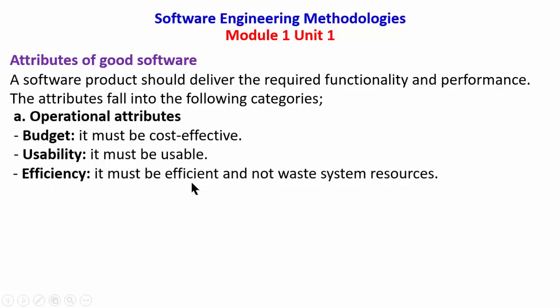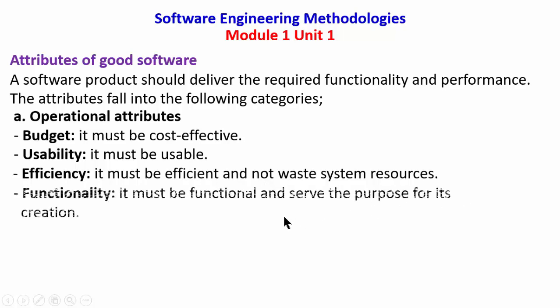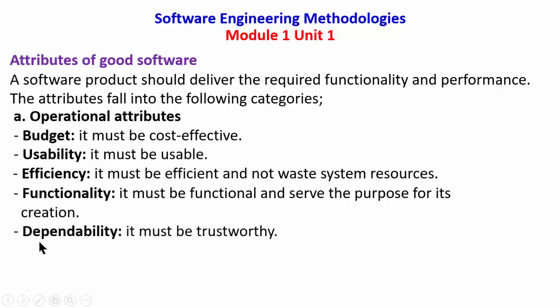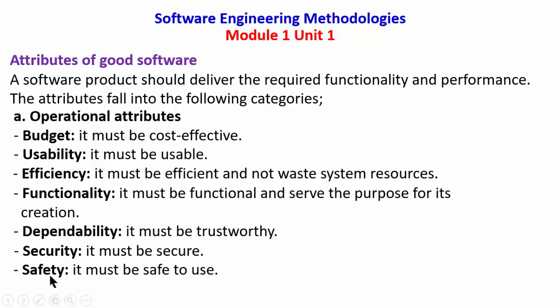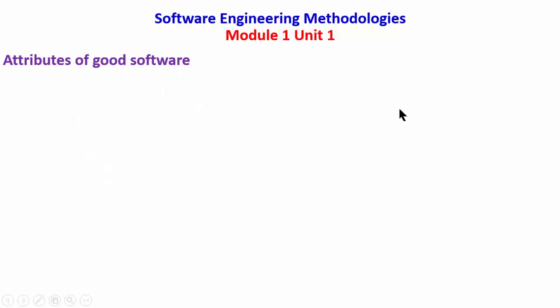Efficiency, it must be efficient and not waste system resources. Functionality, it must be functional and serve the purpose for its creation. Dependability, it must be trustworthy. Security, it must be secure. Safety, it must be safe to use.